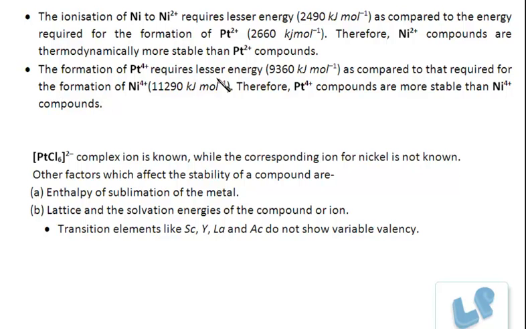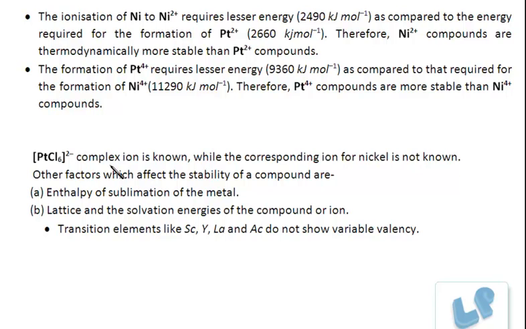The formation of Pt4+ requires less energy as compared to that required for nickel 4+. Therefore, Pt4+ compounds are more stable than Ni4+ compounds. So, the ionization energies can be compared to find out the stability of the compounds. Right?